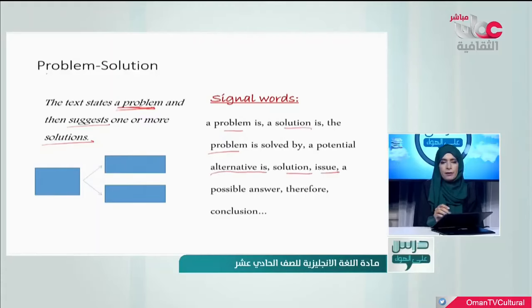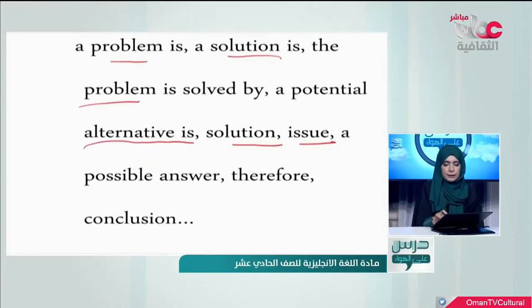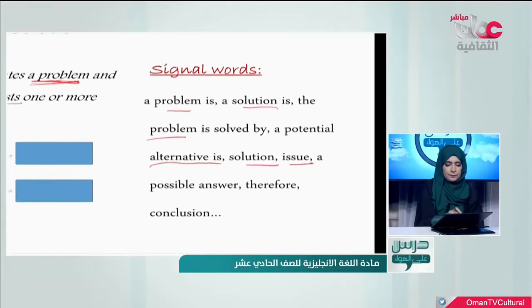All of them are synonyms, or most of them are synonyms to each other. So you can vary the vocabulary that you use, or sometimes you may need to use the words repeatedly. So you will have some other synonyms to replace the word, just to make your writing more interesting.